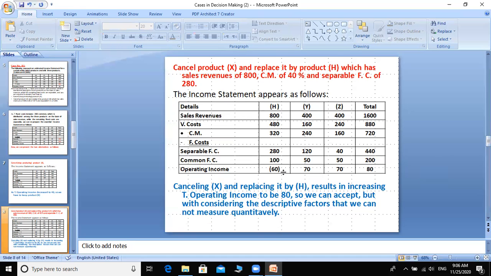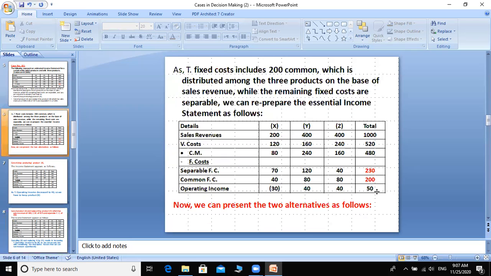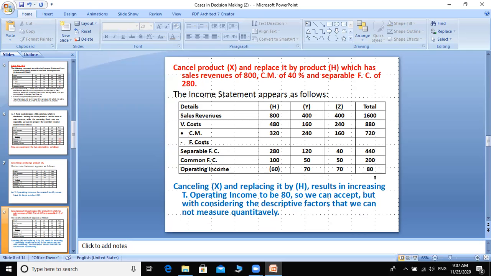Oh, don't replace X by H. Wait, please. Don't forget that X was bearing 40 only of the common cost. This one is bearing 100. It doesn't matter. What about the total operating income? 80 instead of 50. So I have an increase in operating income by 30.